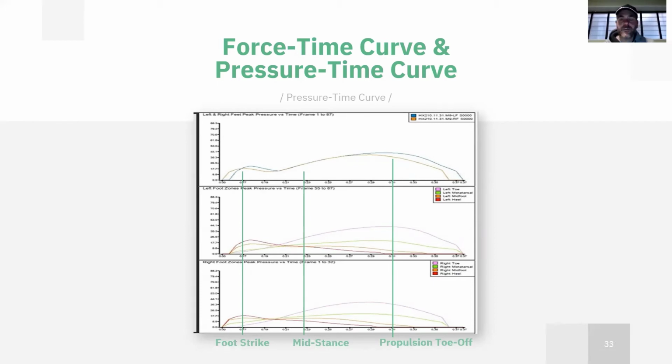The first graph is showing the left and right peak pressure versus time. The second graph is showing the segmentation, the left toe, metatarsal, midfoot, and heel. And the last graph is showing the right toe, metatarsal, midfoot, and heel. And each segment of the foot is represented by an isolated curve.